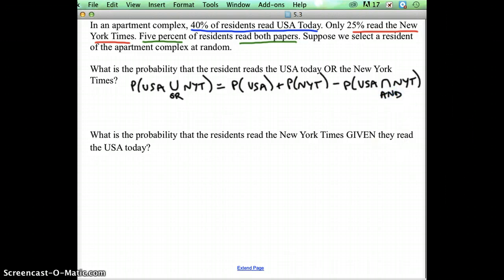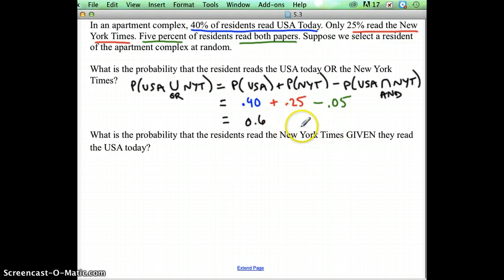Okay, well we have everything we need because they tell us that the probability of reading USA Today is 40%, so 0.40, and they tell us that the probability of reading New York Times is 25%, so 0.25, and then they also gave us the information that reading both of them, USA Today and New York Times, is 5%, so we're going to subtract off 0.05 and type all that in your calculator and you get 0.6.